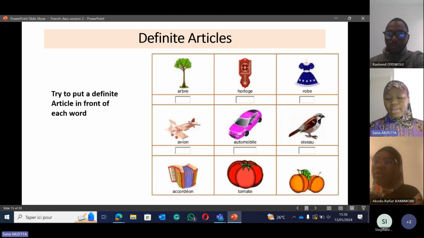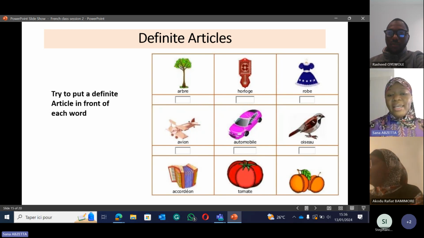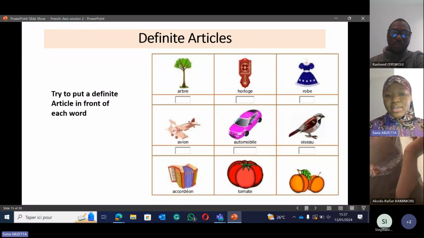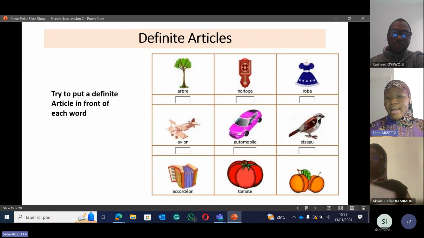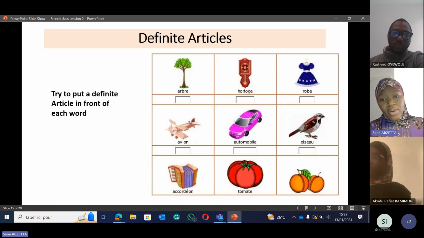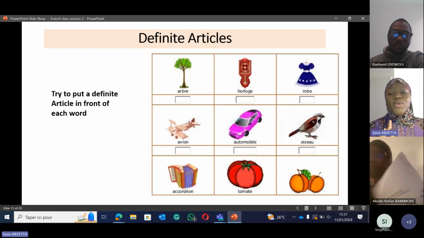But if the article is followed by a word whose first letter is a vowel or a mute H, you just use an L with the apostrophe. It will become l'arbre or l'horloge or l'avion or l'oiseau.